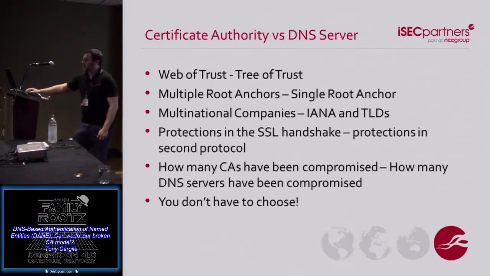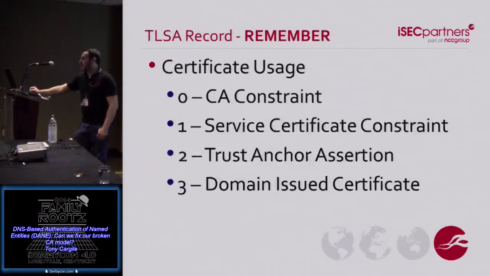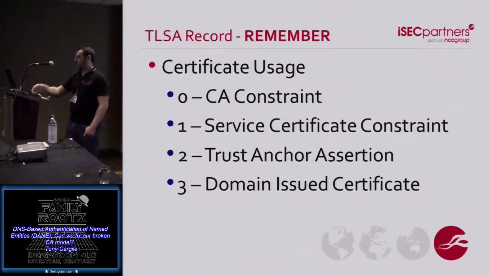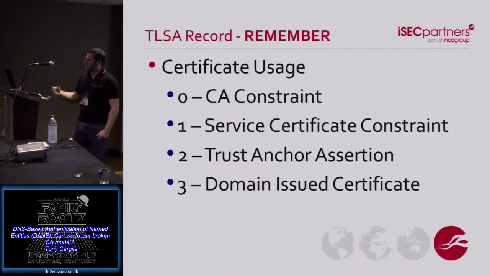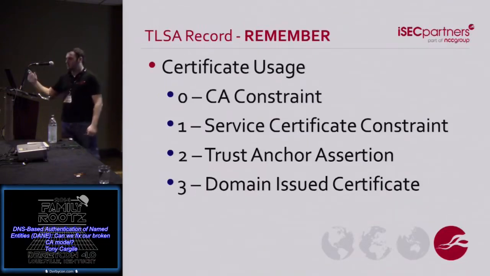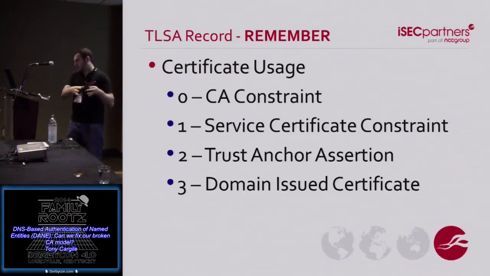But the great thing is that, with these pros and cons of certificate authority versus DNSSEC or DANE, you don't have to choose right now. If we go back to the slide, remember when I talked about certificate usage, we can pin not only on a certificate that we provide, but it also has to be validated by the public key infrastructure. So if we use certificate usage 1, if our DNS server gets popped, our CA system is still there to protect us, and if our CA system gets popped, our DNSSEC and DANE system is still there.